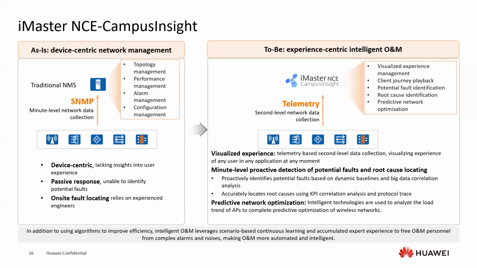In what scenario is a WAG group necessary in iMaster NCE-Campus? So there are a couple of scenarios that we can think of where a wireless access group controller group would be necessary.